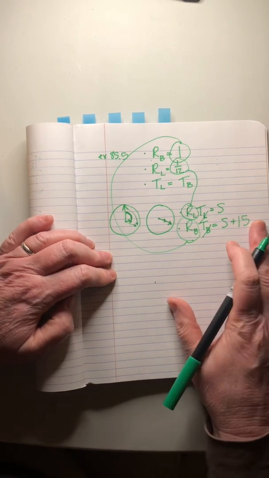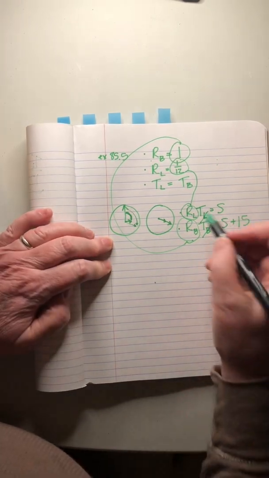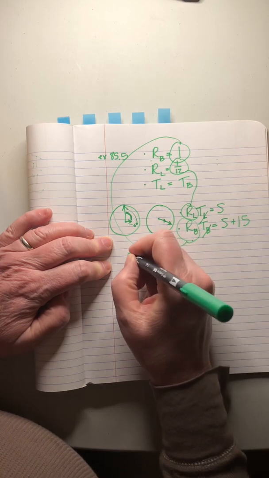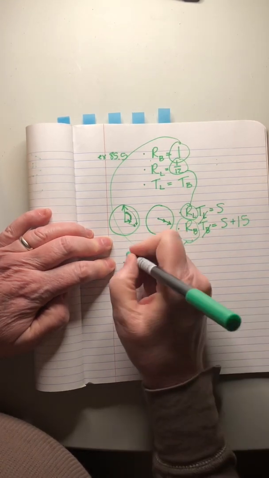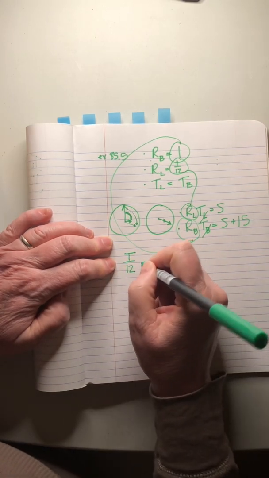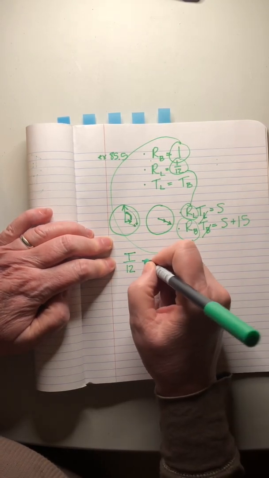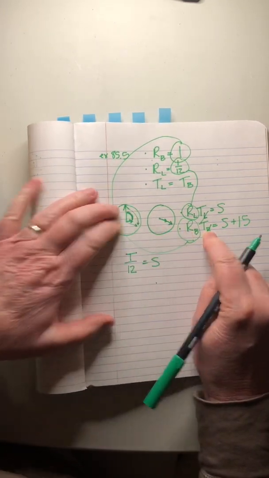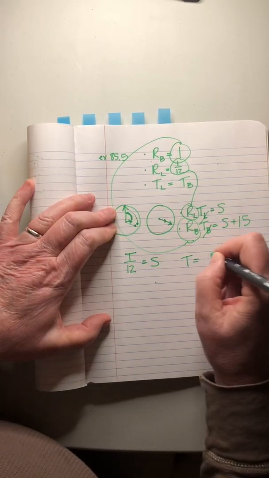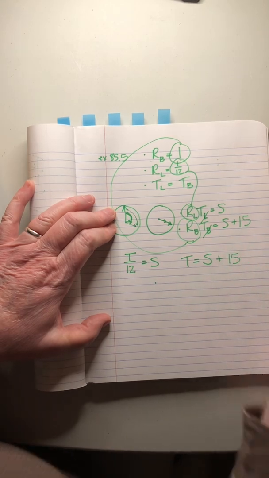I'll do that in the next step. Let me do this much first, right? Okay, so this is 1/12, but the t goes in the top, equals s. And then the bottom one, the rate, that's 1. So t equals s plus 15.